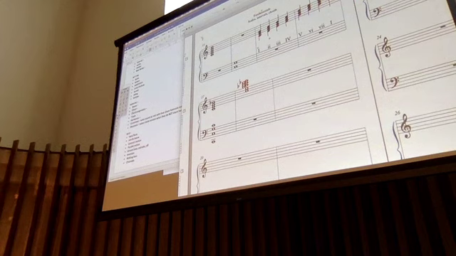It plays on the beats. Okay? That's a walking bass line.